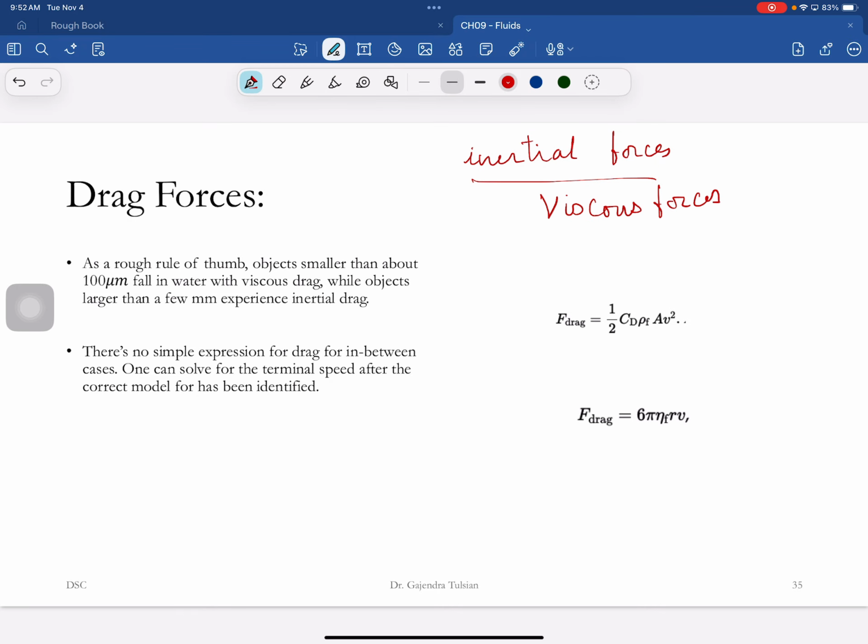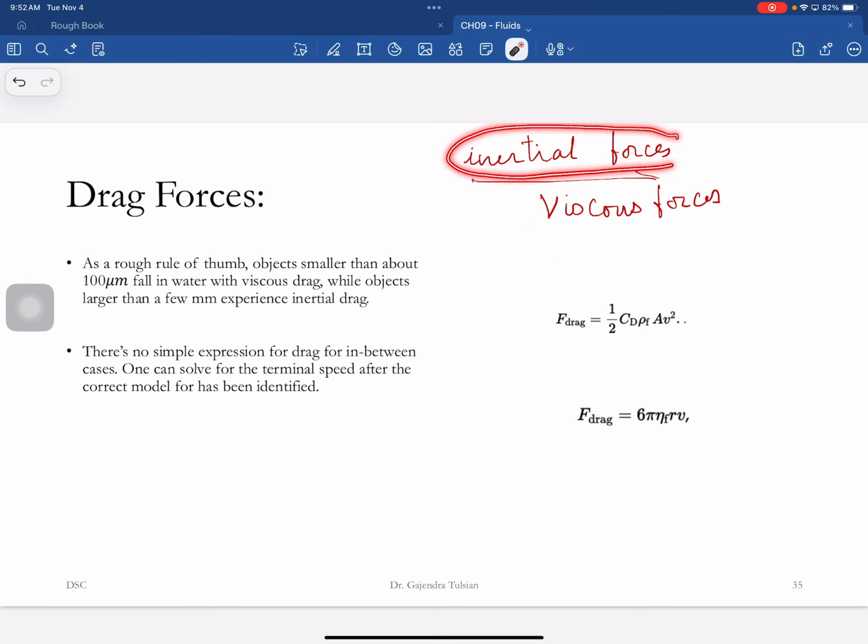Inertial forces matter if you're a large object, because you have to move away the fluid, and that's the predominant force. If you're tiny, the liquid molecules sticking to your body are the main forces. So if you're tiny, viscous forces are important, and if you're large, inertial forces are important.